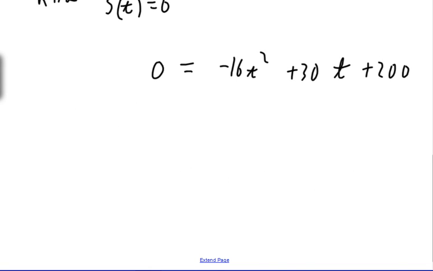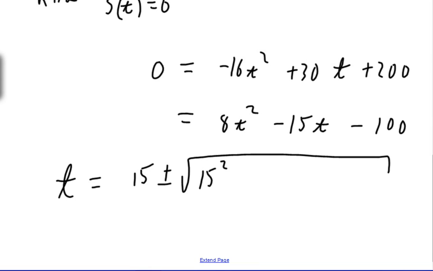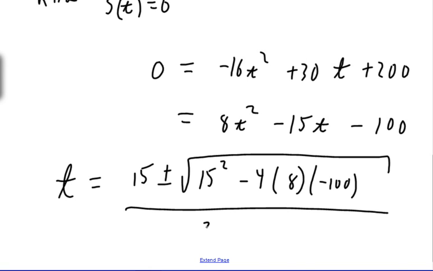Everything's divisible by 2, so I can make this 8t squared minus 15t minus 100. Oh, can I factor that? Oh, bummer, probably not. t is equal to 15 plus or minus the square root of 15 squared minus 4ac, divided by 2a.